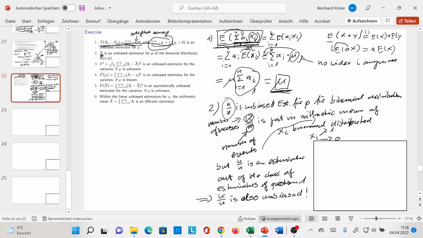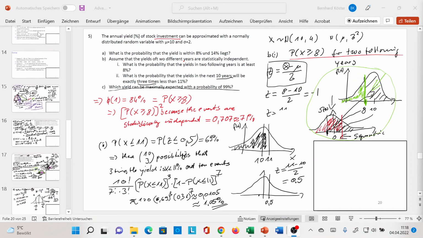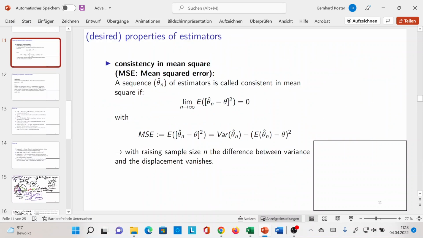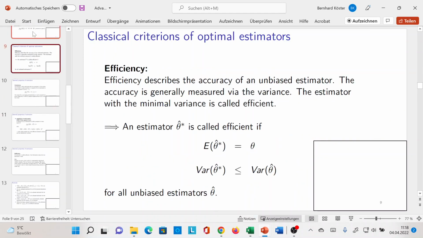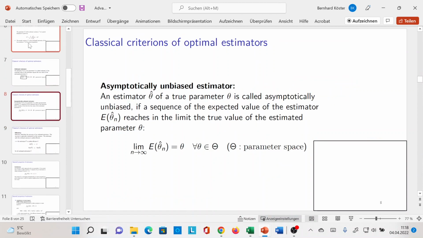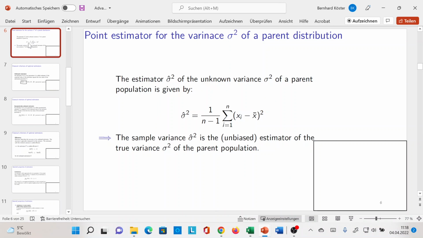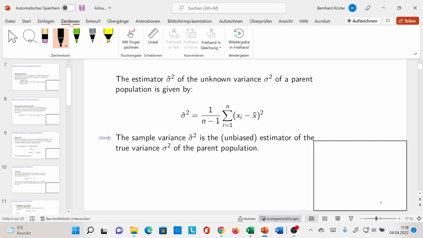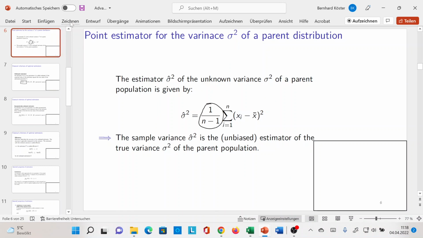So, and now we come to some more interesting stuff, I think, because now we want to explain why, as we had in the lecture, remember, for the variance, we have this funny factor here that we do not divide by n, but we divide by n minus 1.